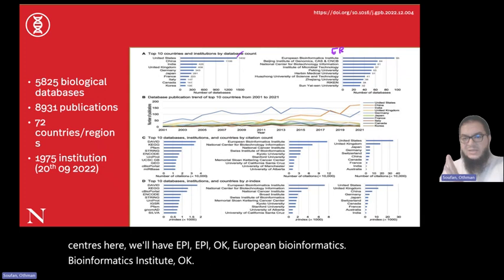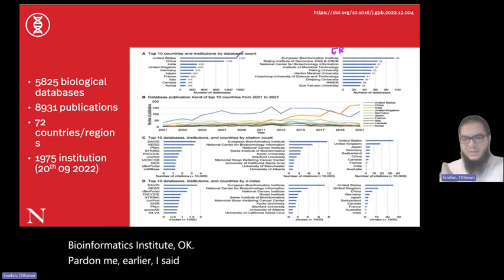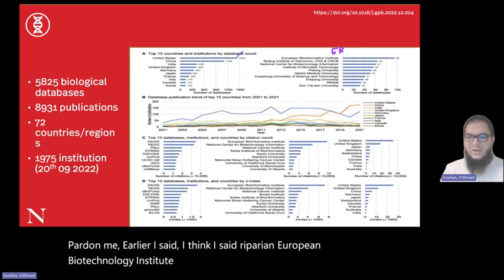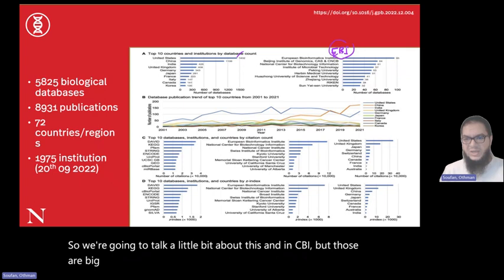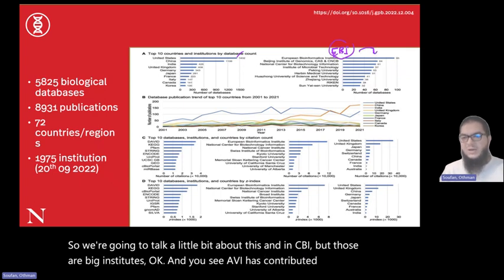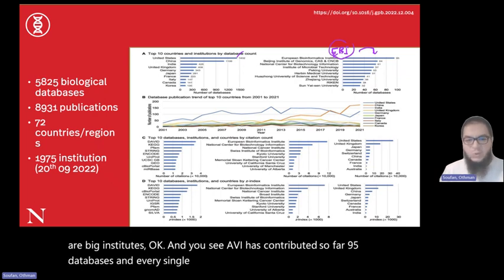Pardon me, earlier I think I said European Biotechnology Institute, so it is EBI. We're going to talk a little bit about this and NCBI, but those are big institutes, okay? And you see, EBI has contributed so far 95 databases, and every single database is a huge resource, okay?